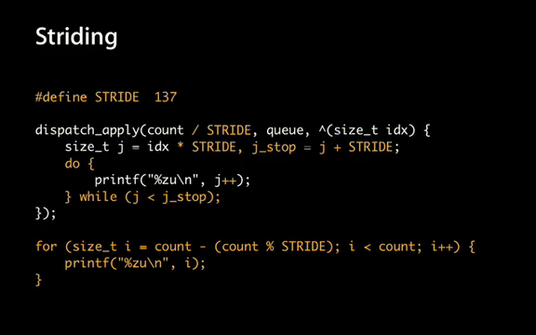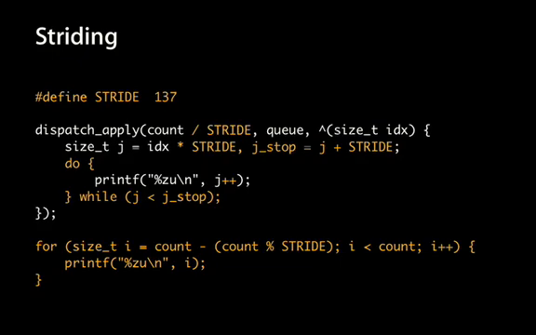Finally, at the very end of dispatch apply, we need to do the remainder of work. I'd like to point out that, in this case, if the count were less than 137, which is our stride, dispatch apply would be a no-op because the result of the division would be 0. It'd quickly return, and then the remainder would run on the local thread at optimal efficiency.